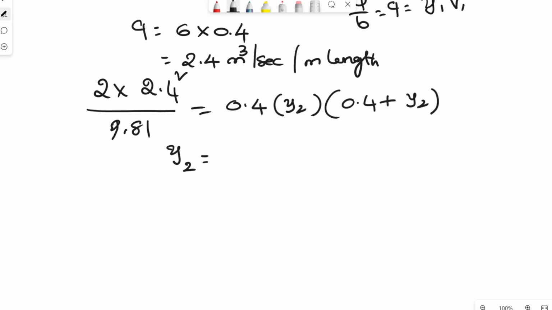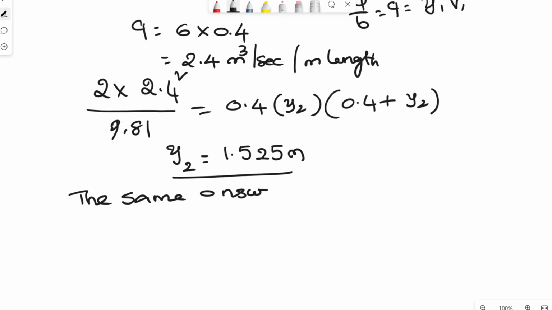If you find y2, what do you get? 1.525 meters. The same answer can be obtained by another method also.